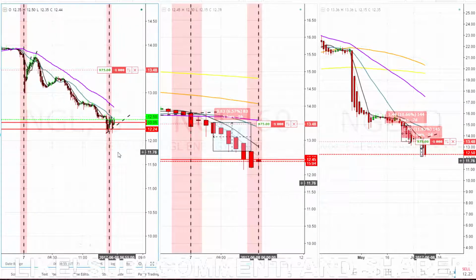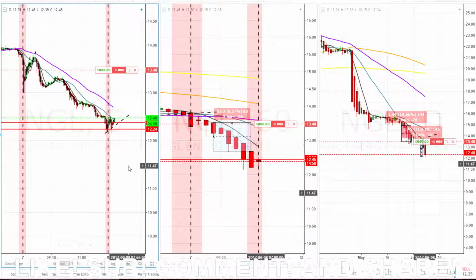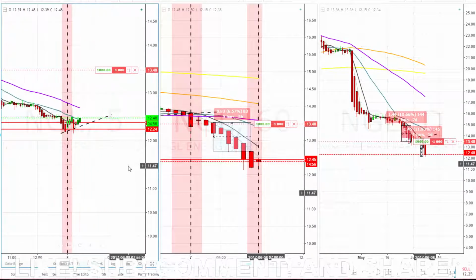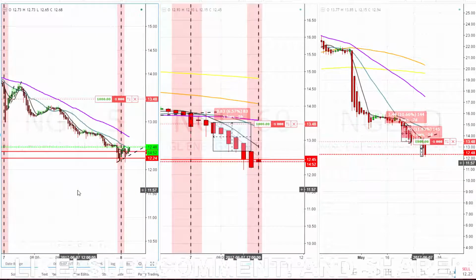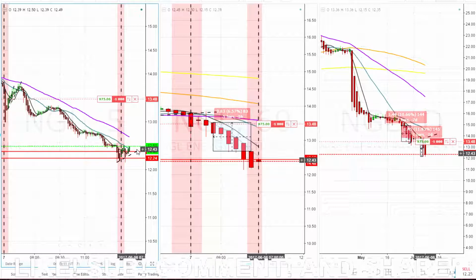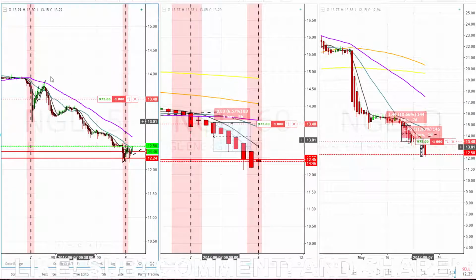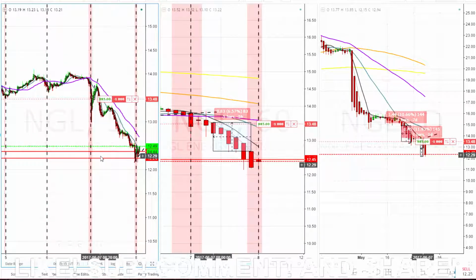But I also don't want to get out too soon. Yeah, so that 5 minutes is pretty good. She's starting to break out above here. Then we have the 50. There's that 20.